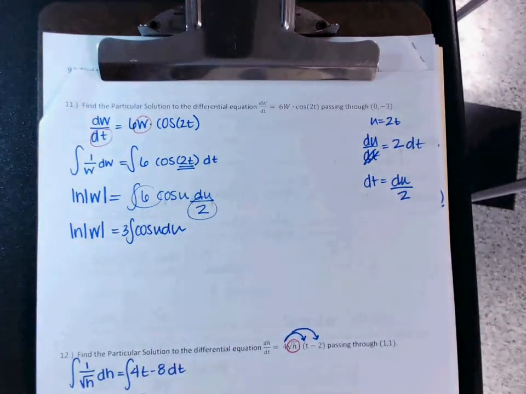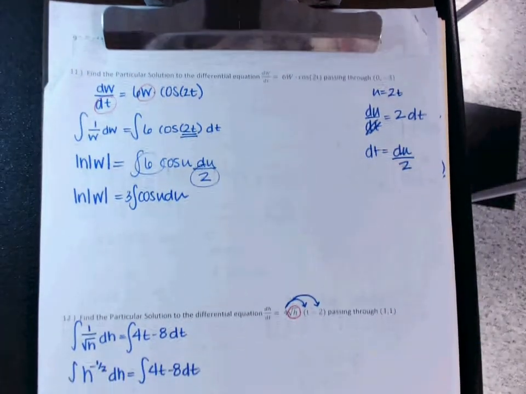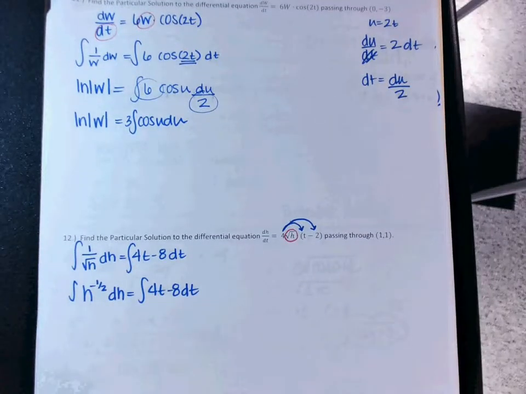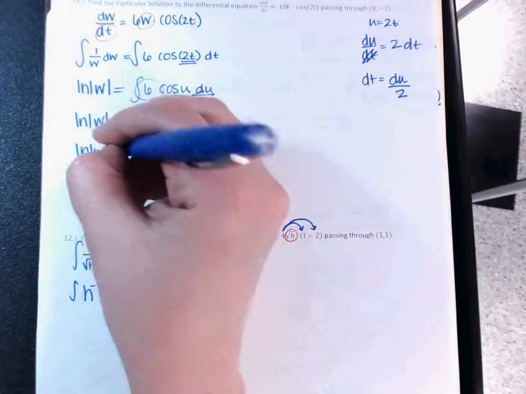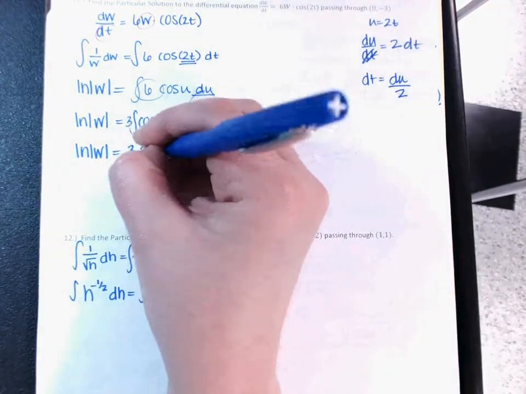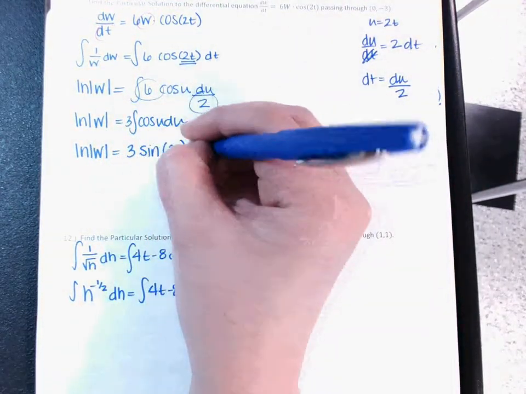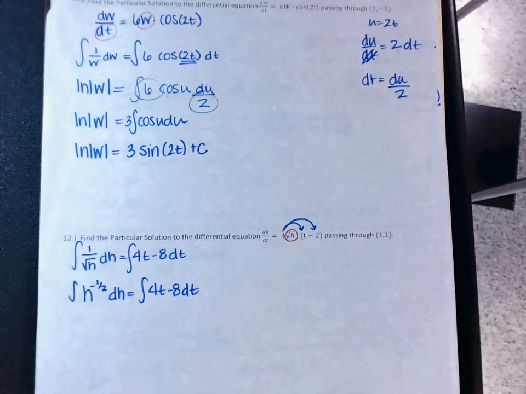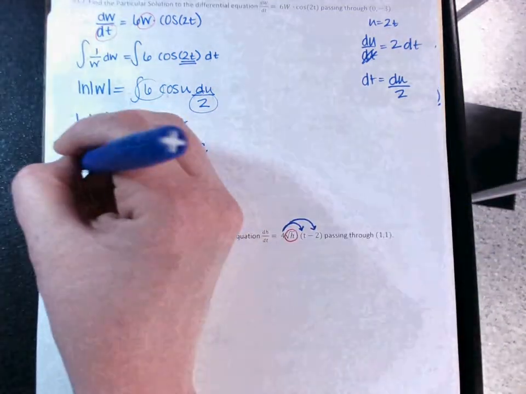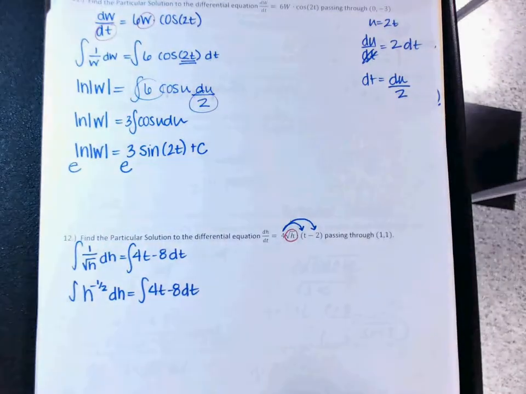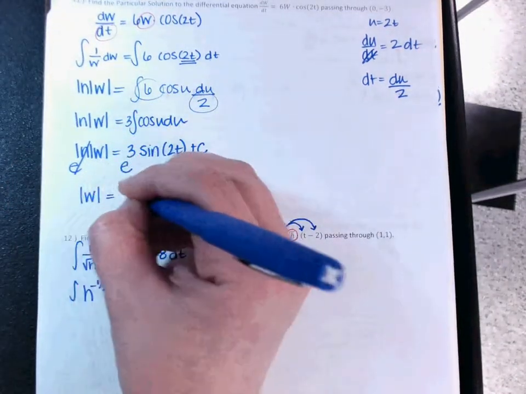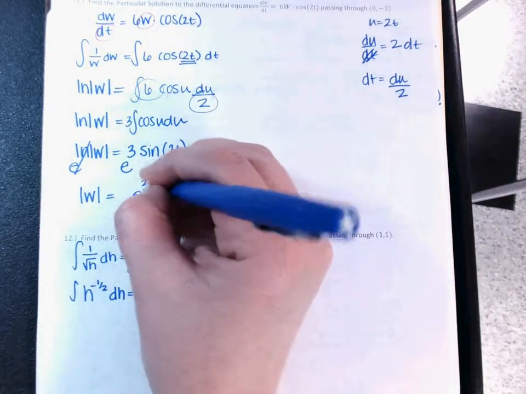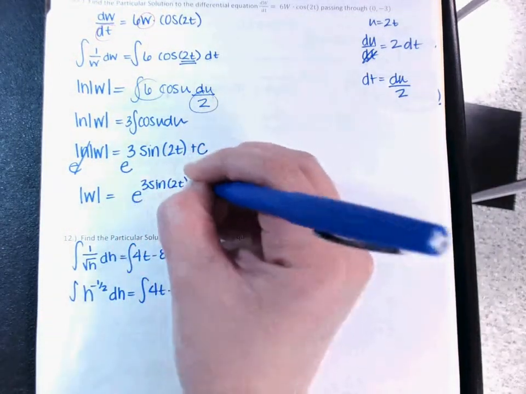Okay, so when you get to here, you have 3 cosine u. What's the antiderivative of that? Good. So instead of putting u, I'm just going to bring the 2t back plus c. Then exponentiate both sides: e and ln cross out, then you have absolute value w equals e to the 3 sine 2t plus c.